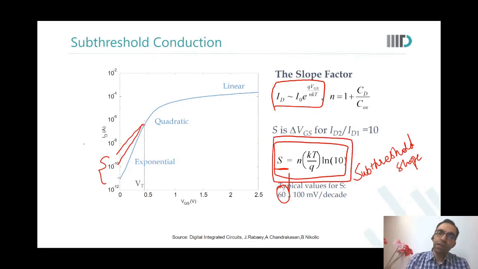If you change the technology, this slope would change. So I have the same VT, but due to short channel effects, due to punch through, due to various reasons, I will have a different slope.